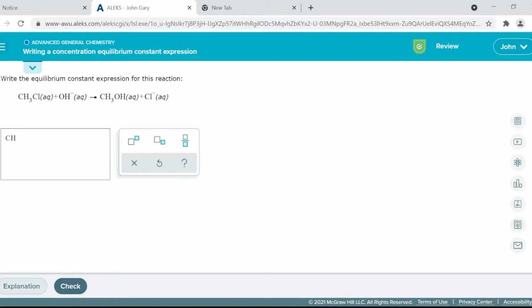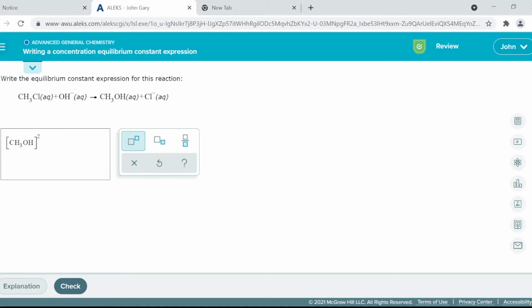That would be CH3OH. Now I have to put these little brackets in. So this just signals that it's a concentration. I wish it had different mole values. So if this were 2 CH3OH, I would actually add an exponent here, 2.